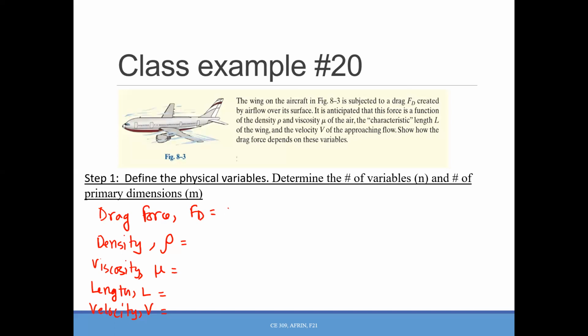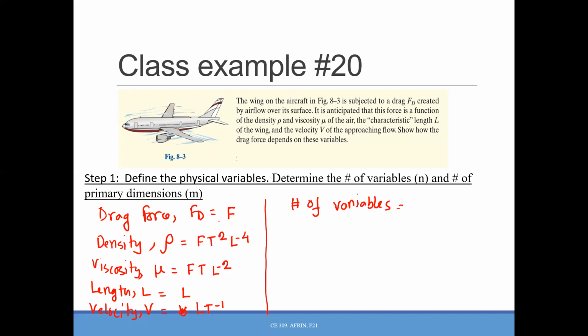This one is just F. For density, it's F T squared L to the power 4. For viscosity, it's F T over L squared. And for length it's L, and velocity is L T to the power minus 1.